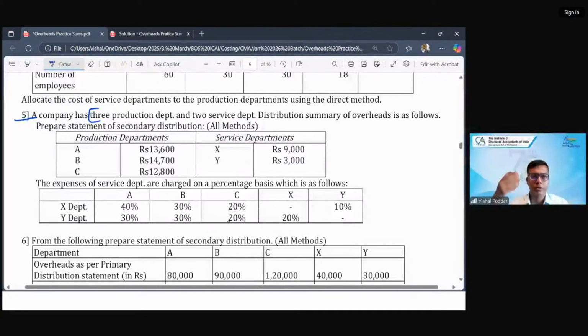So this is the same as what we did in the previous class for primary. The distribution summary of overheads is as follows. Prepare only secondary distribution. Now, if I have to do only secondary, primary should have been done. Primary is already done. How? I am now given the overheads for each of the departments. So as you can see, now the overheads, that is the expenses, are given for each of the departments.